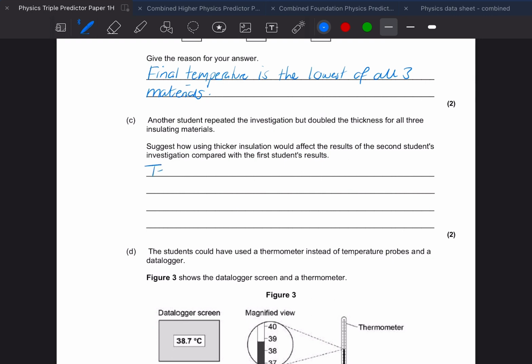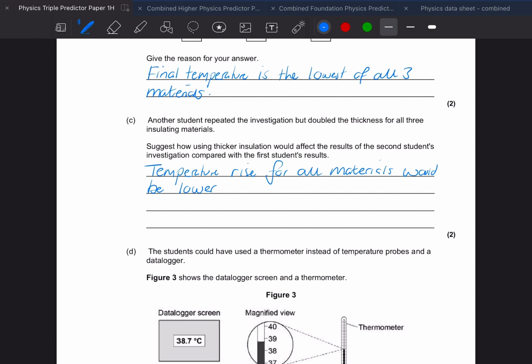So we could say that the temperature rise for all materials would be lower. That will be, because we have 2 marks, a statement.